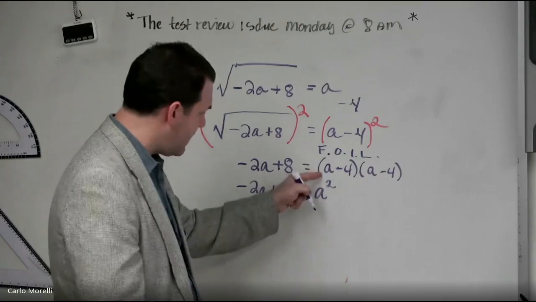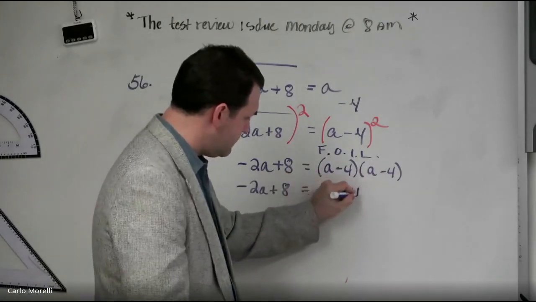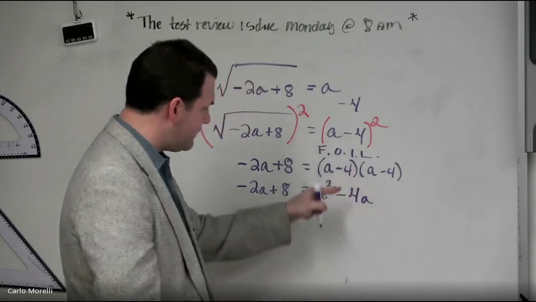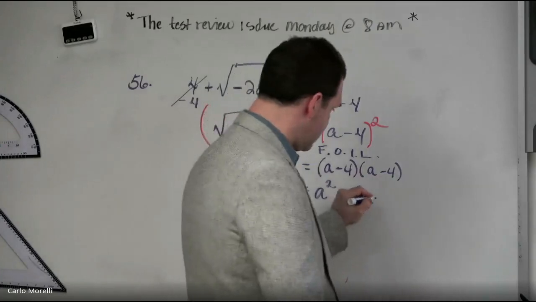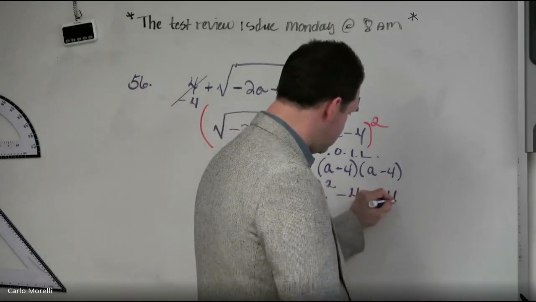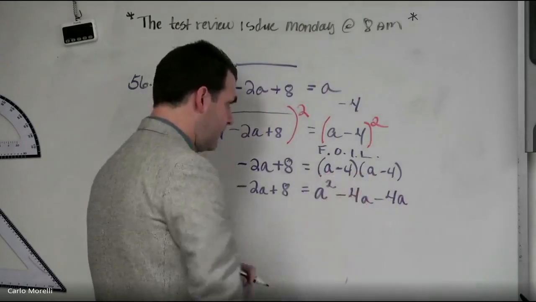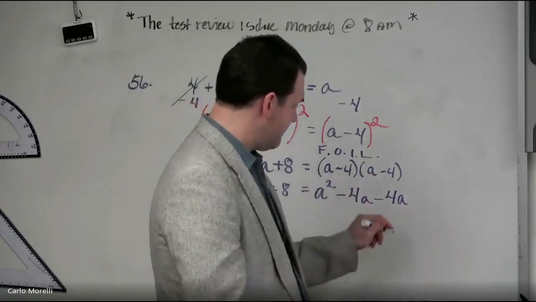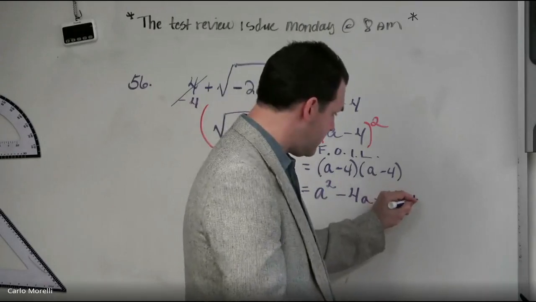So that's outer times outer, negative 4a. How about inner times inner, negative 4 times a? Same thing, right? Negative 4a. And then how about last times last, negative 4 times negative 4? Positive 16, right? Because it's a negative times a negative.